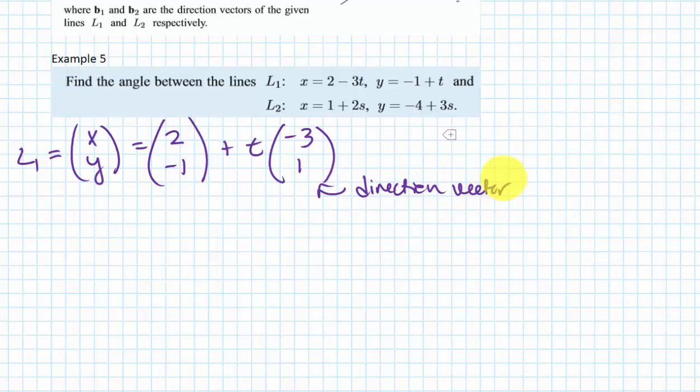And remember, the direction vector comes from the part that is being multiplied by the t. So do you need to put them back into the vector equation? You don't, as long as you know that the direction vector is coming from the part that's multiplied with the t.